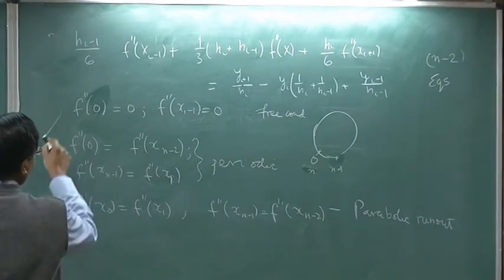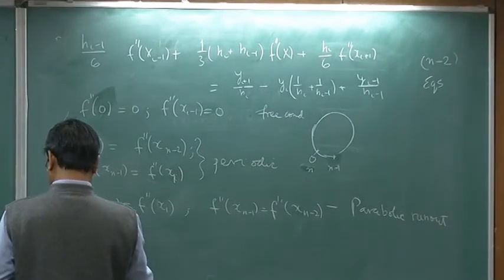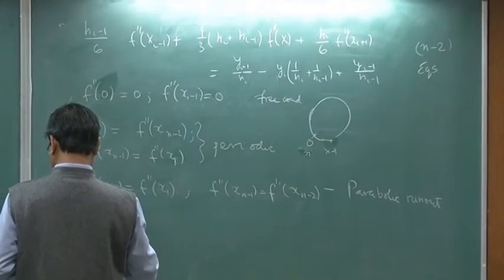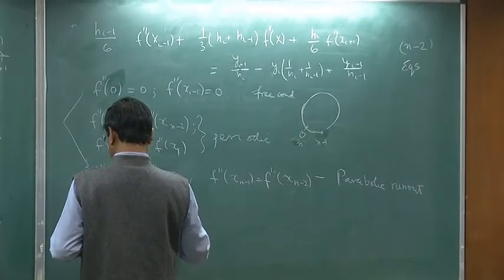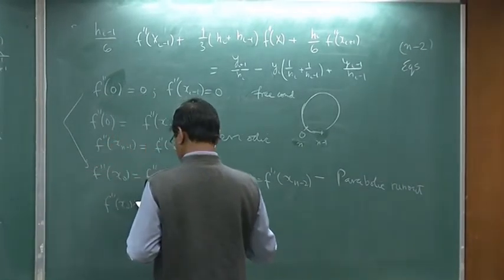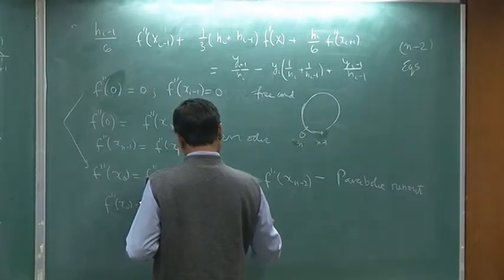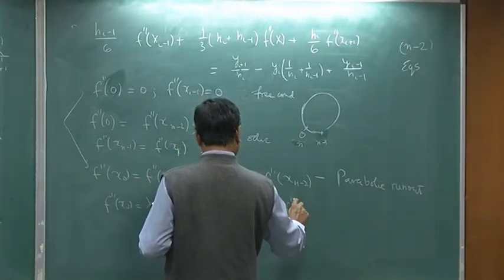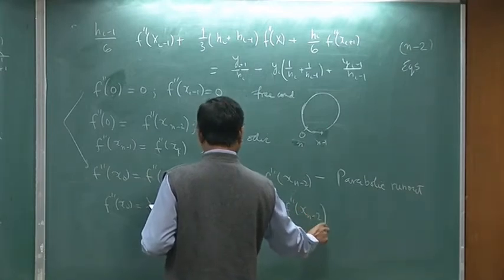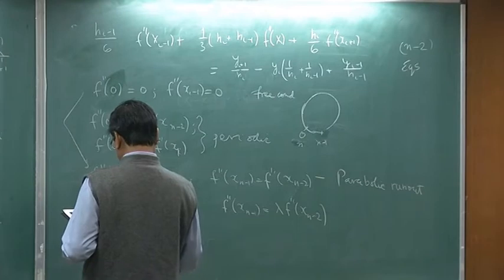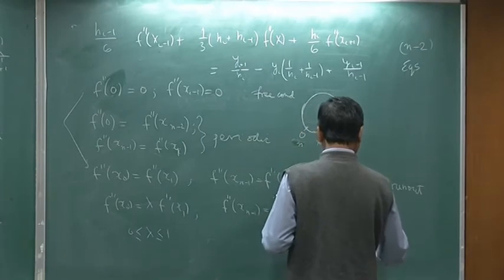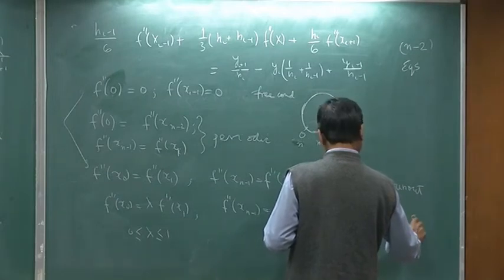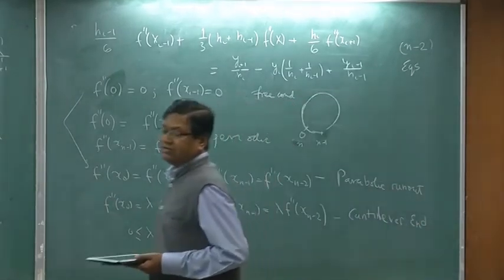Now these two can be combined to call cantilever end, with lambda between 0 and 1. And this is called the cantilever condition, cantilever end.